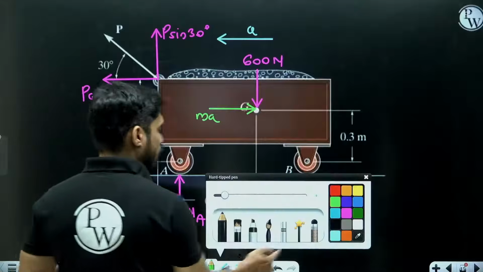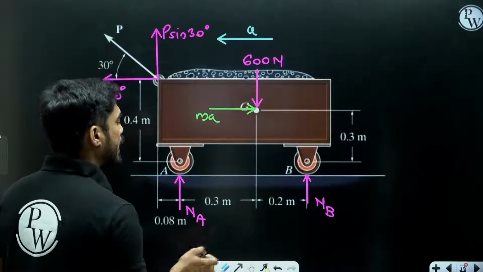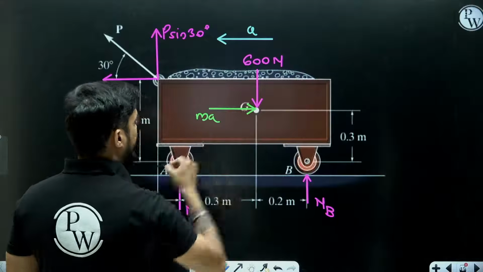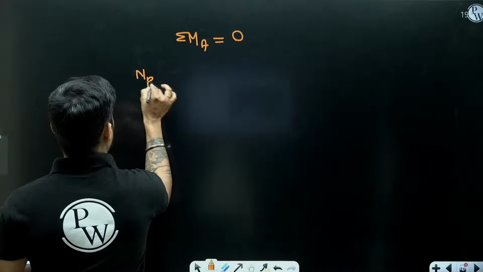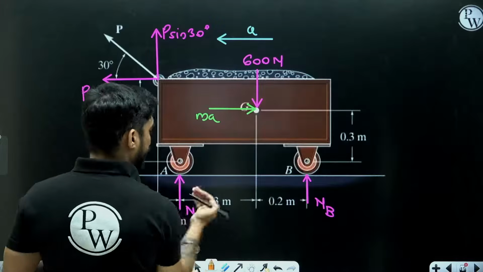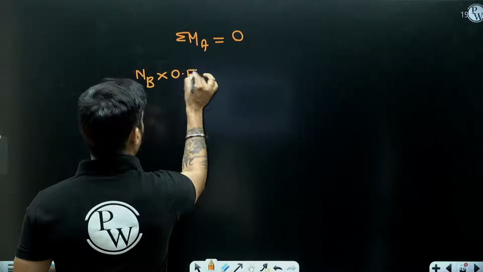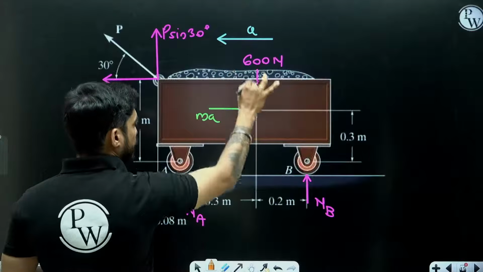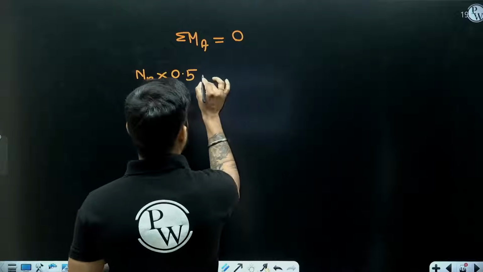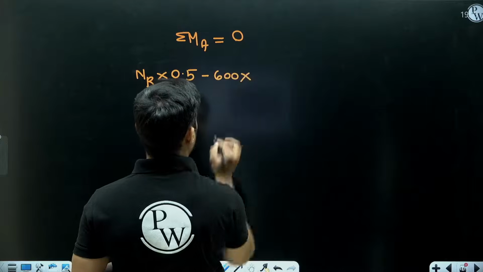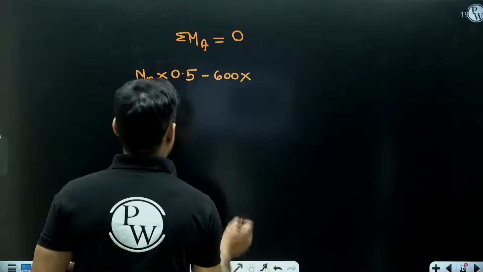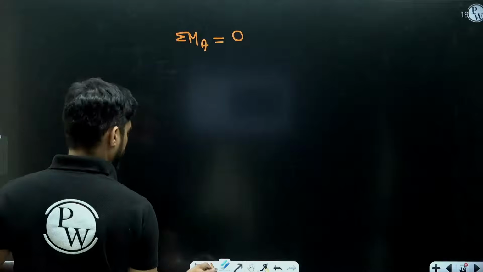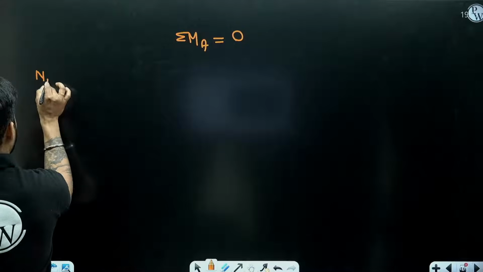So if I take moment about point A, I will get the moment of NB anti-clockwise. NB multiplied by 0.5. I will get the moment of 600 clockwise, minus 600 multiplied by 0.3. Let me write it from here, because it will be a very long equation.